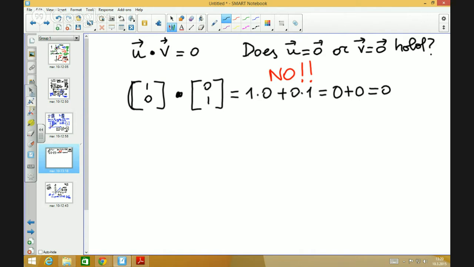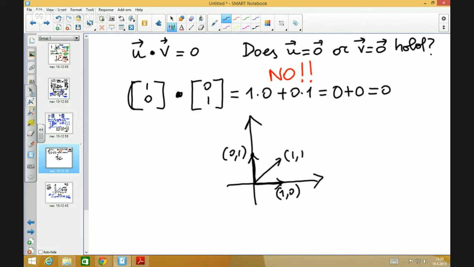In fact, I think you can already tell that there is a special relationship between the vector (1, 0), which is this one, and the vector (0, 1), which is this one. What is this special relationship? Okay, let's consider this vector (1, 1).